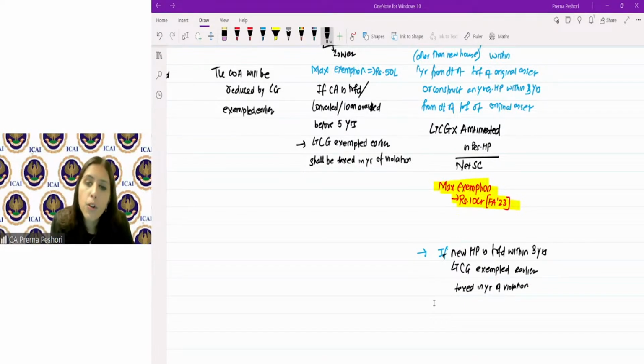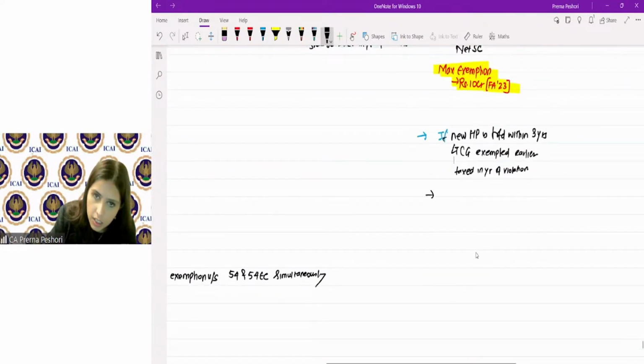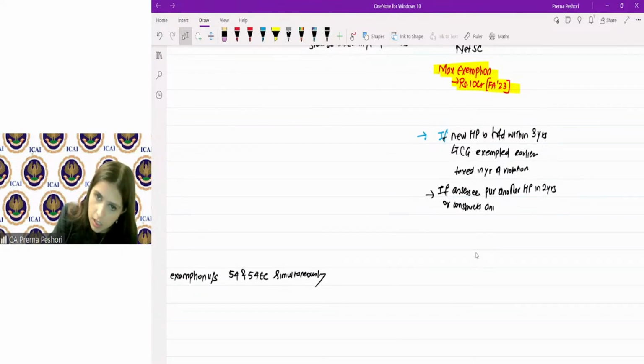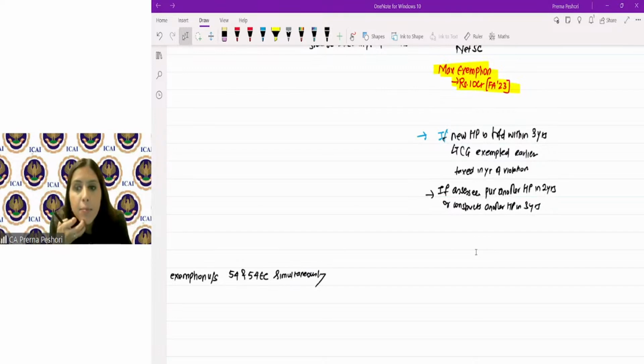Okay. And what if the assessee purchases another house property in 2 years or constructs another house property in 3 years, another residential house property, of course?